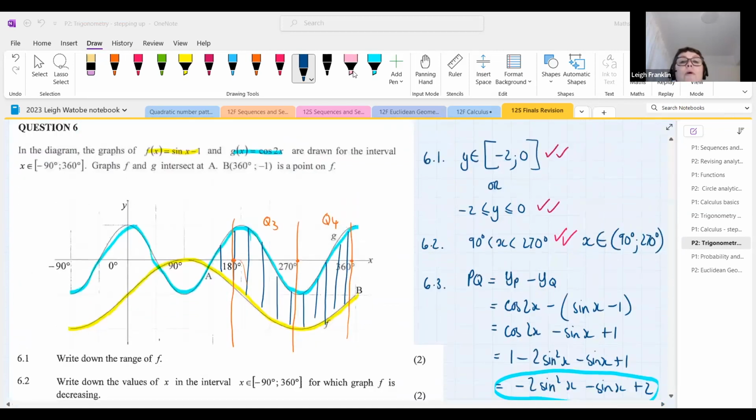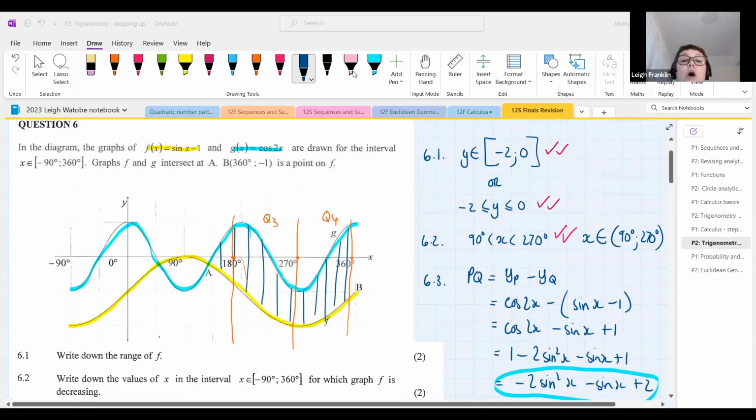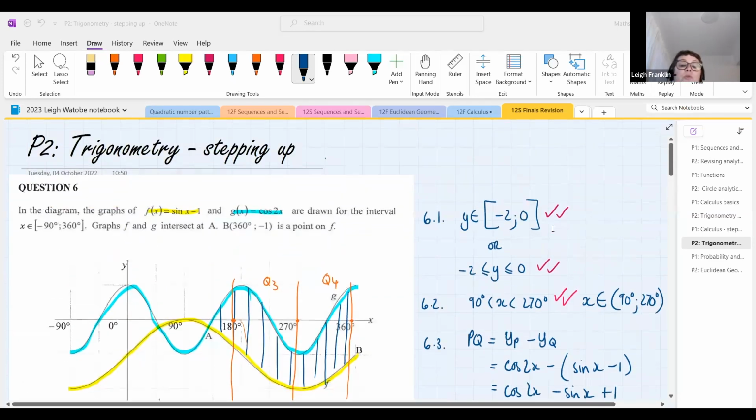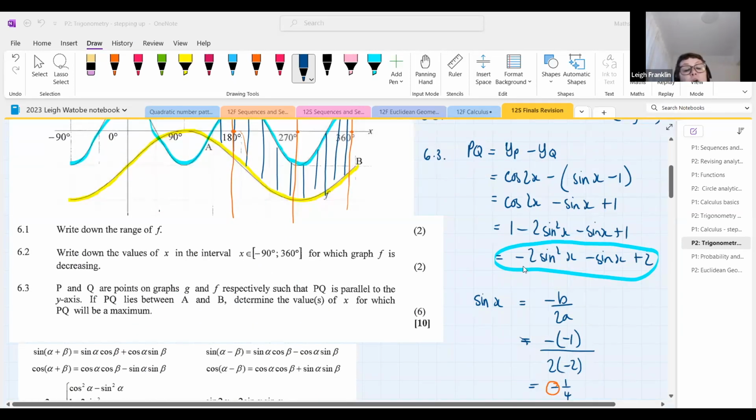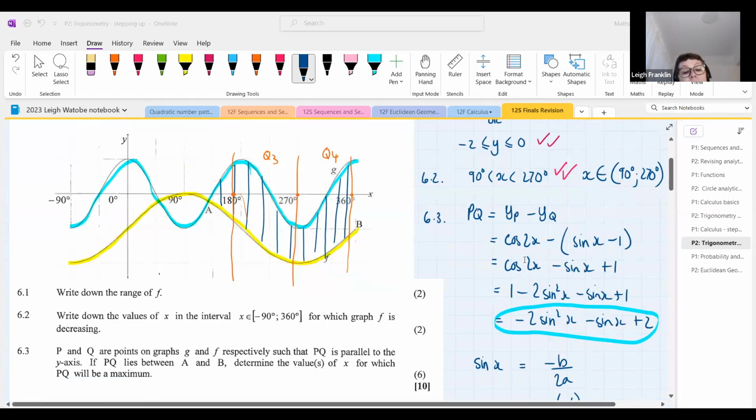Okay, so we were applying. Yeah, I'm going to tell you where the marks would be allocated. All right, so what we were doing is we were applying a little bit of paper 1 knowledge to paper 2. They wanted us to find the value of x for which a vertical line PQ would be at its maximum length. So we said that PQ, if it's parallel to the y-axis, it's going to be the difference in the y at the top and the y at the bottom.